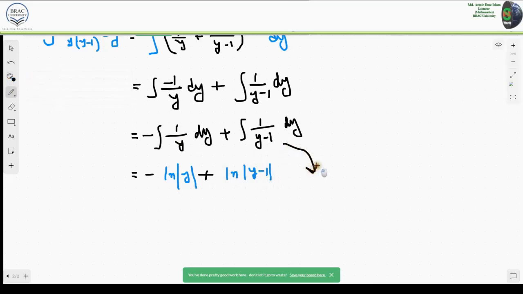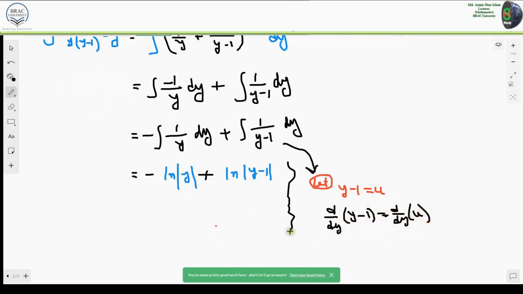I am showing how I have written natural logarithm of absolute value of y negative 1. That is, if we consider y negative 1 equal to u, the second step of u substitution method will be differentiation. So we are going to differentiate in terms of y on both sides, that is differentiation of y negative 1 in terms of y and differentiation of u in terms of y.